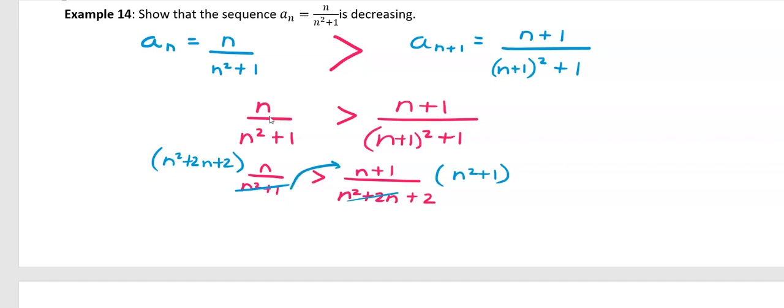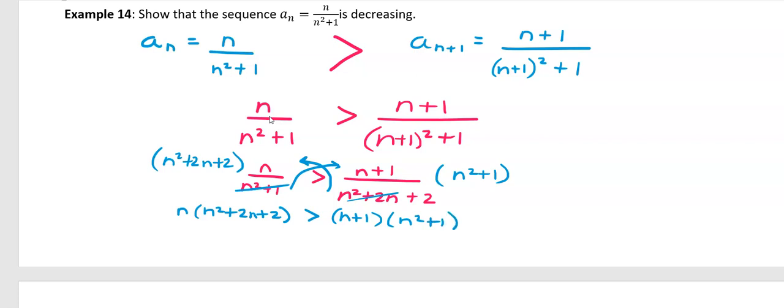I don't know if you guys remember that cross multiplication idea, but I'm just trying to get the fractions out. So what I would end up with on the left is n times n squared plus 2n plus 2. And we're trying to determine if that is in fact greater than n plus 1 times n squared plus 1.